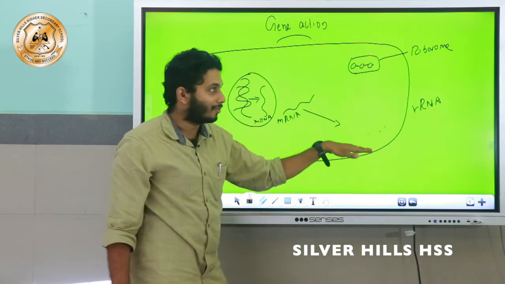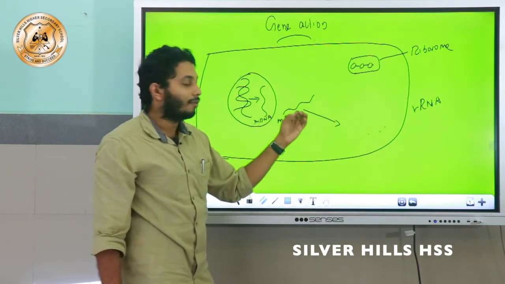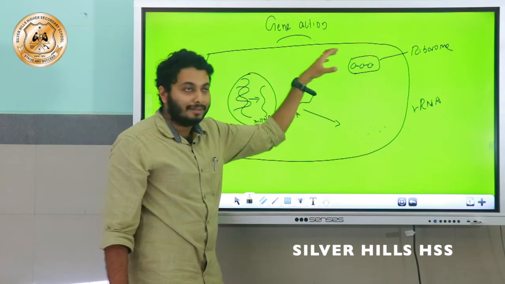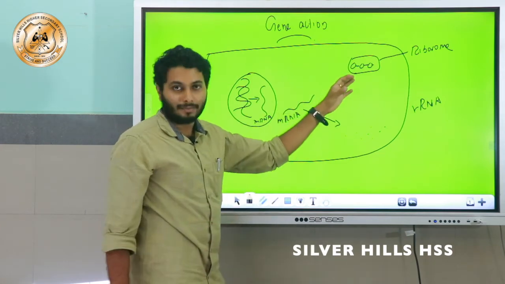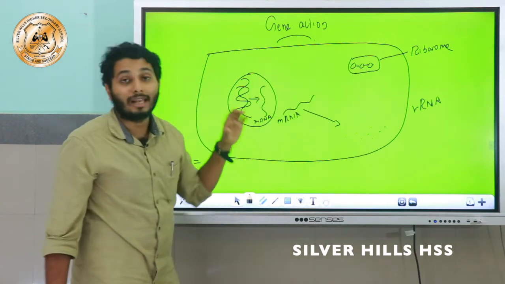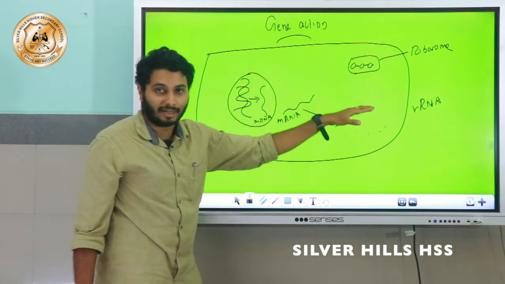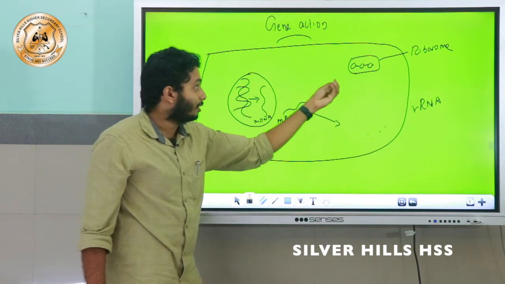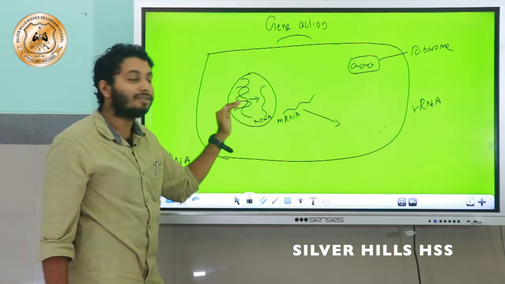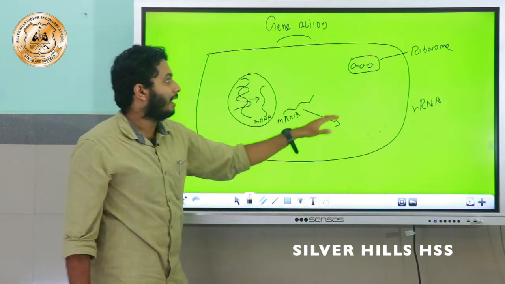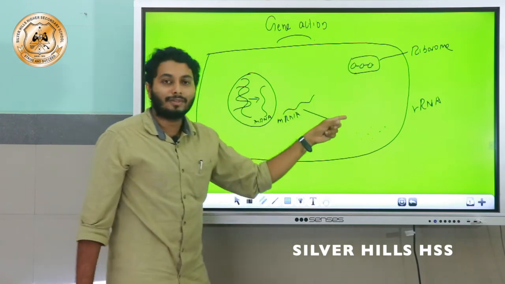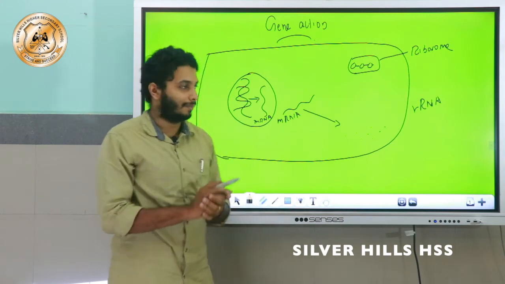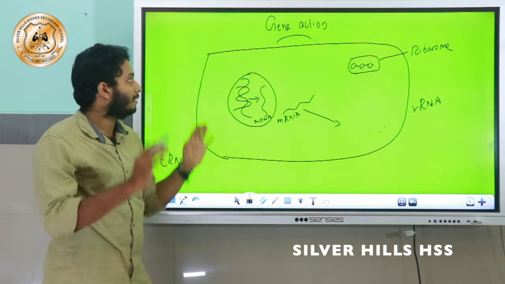So, the amino acids are transported to the ribosome with the help of tRNA, and inside the ribosome, these amino acids are sequenced with the help of another RNA called rRNA. The information is given by the DNA, and based on the information of the DNA, protein is synthesized inside the ribosome with the help of the amino acids present in the cytoplasm. This process is called gene action.